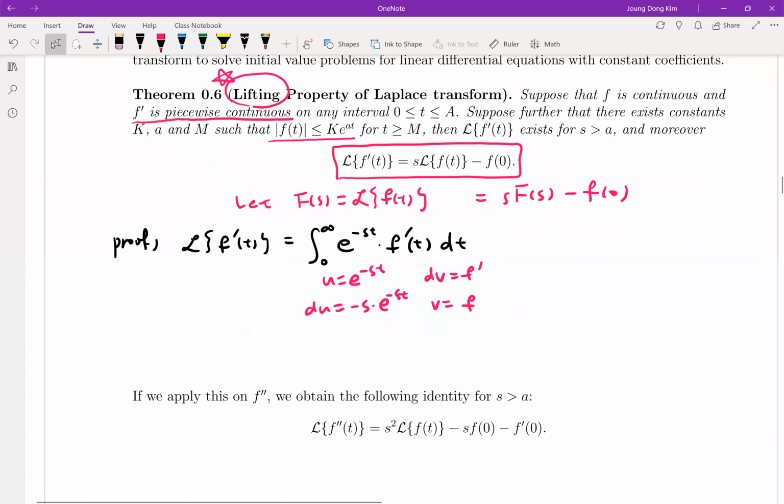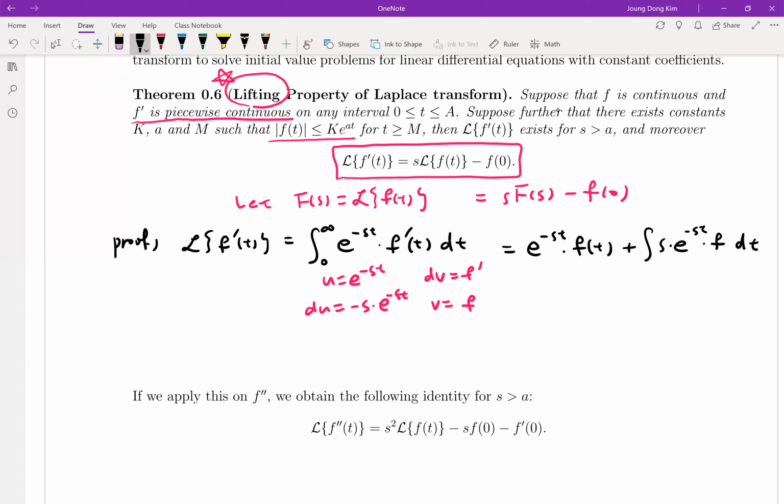Then integrating by parts, this can be written as e to the minus st times function f, plus the integral of s e to the minus st f dt, right?